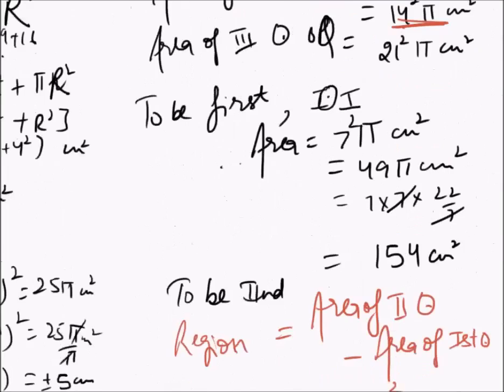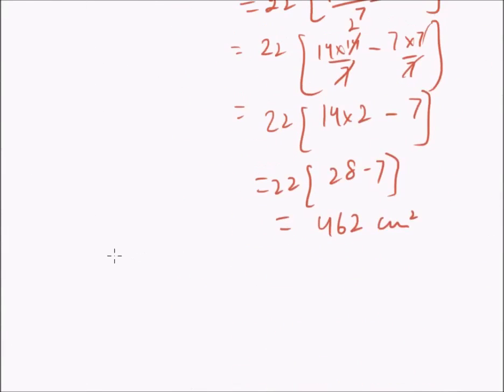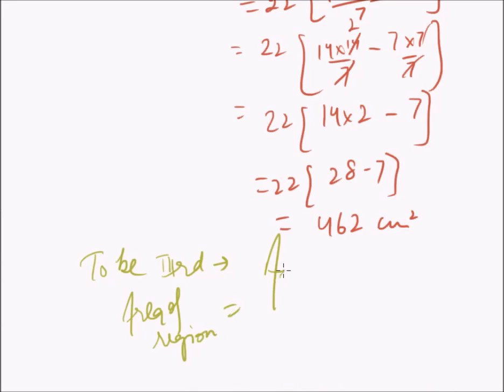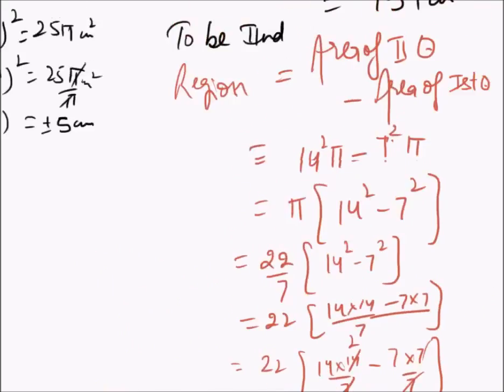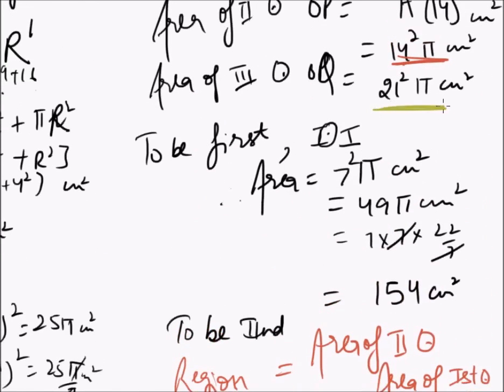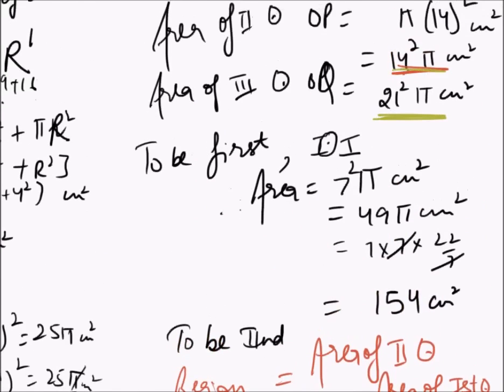We have the area of the region as the area of the third circle minus the area of the second circle, that is pi into 21 square minus pi into 14 square, because this was the third circle and this is the second circle.